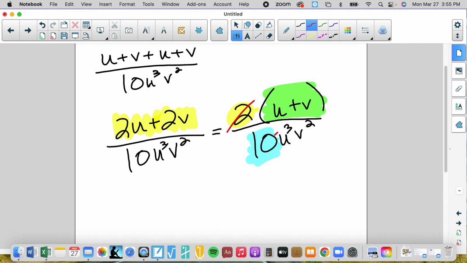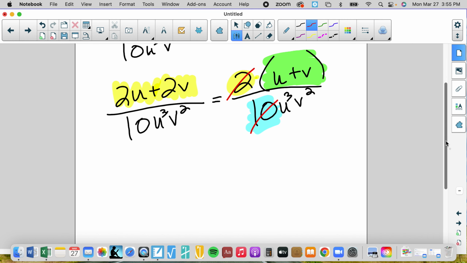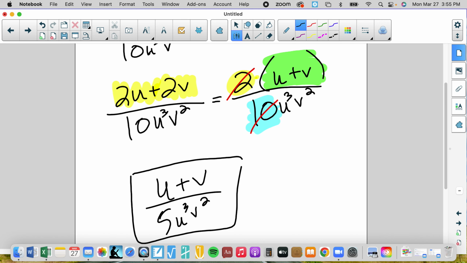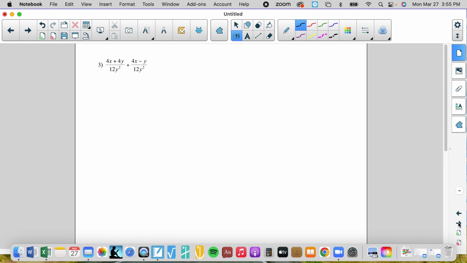So we can cancel the 2 and the 10, but we can only do that once it's been factored out. So that leaves me with u plus v over 5u cubed v squared. That would be my final answer. That's a tricky one. Starting off pretty tricky.